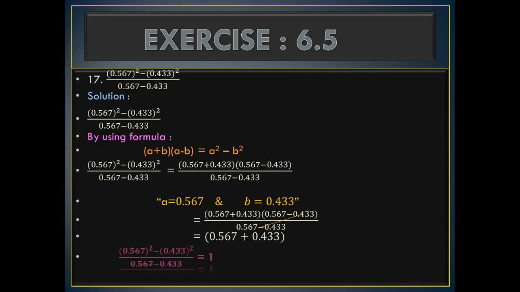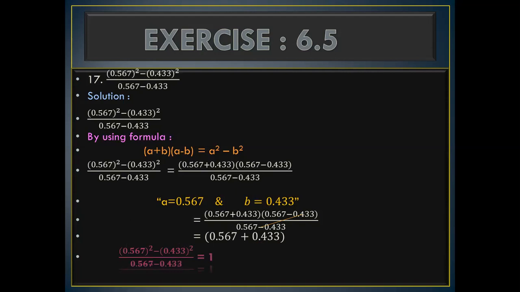A square minus b square, 0.567 whole square minus 0.433 whole square over 0.567 minus 0.433. We cannot apply the formula in the denominator because already the powers of the numbers are 1.